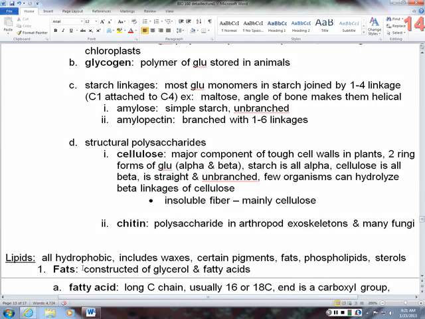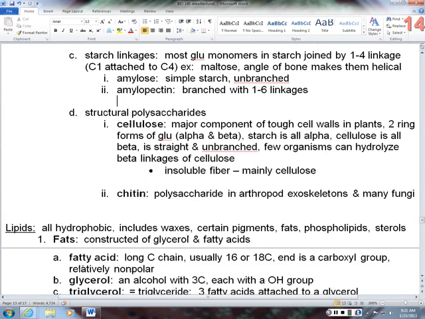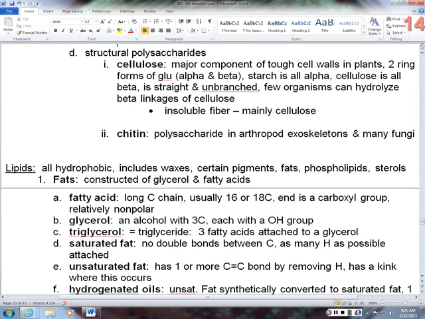So the lipids, these are all hydrophobic, which means they're not going to like water. It will include waxes, certain pigments, fats, phospholipids, and sterols. So fat is constructed of glycerol and fatty acids. Glycerol is a 3-carbon sugar, and to each of those carbons in there, you're going to have a fatty acid attached to it.